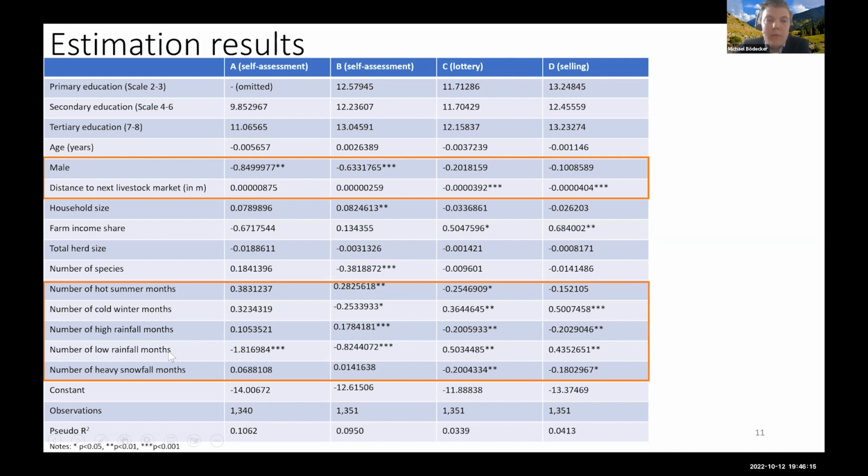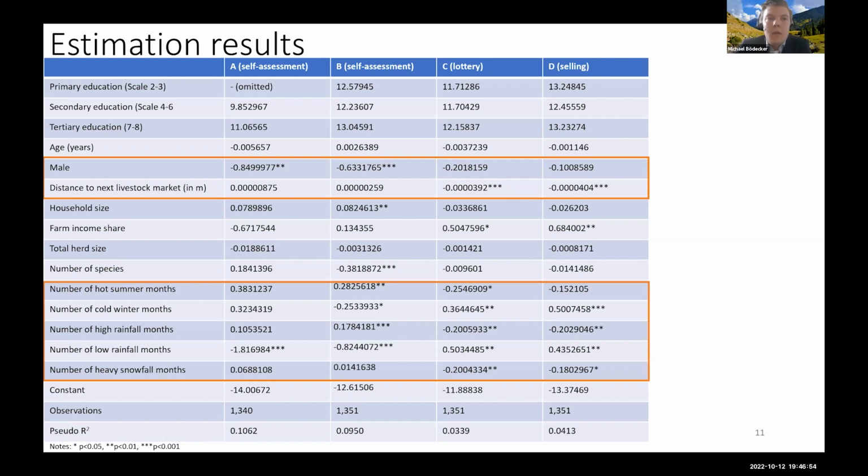We can see that low rainfall months is very significant in all models. But interestingly, we see the opposite effect in the self-assessment than in the lottery. For example, in self-assessment, if an individual has experienced more low rainfall months, his odds for being risk averse decrease, but in the lottery situation they increase, which is an interesting finding. And we also see that being male reduces the risk for risk aversion in all models, which is also in line with the literature in most studies.